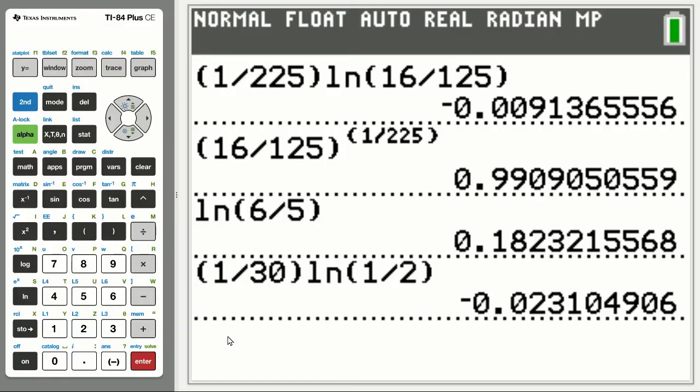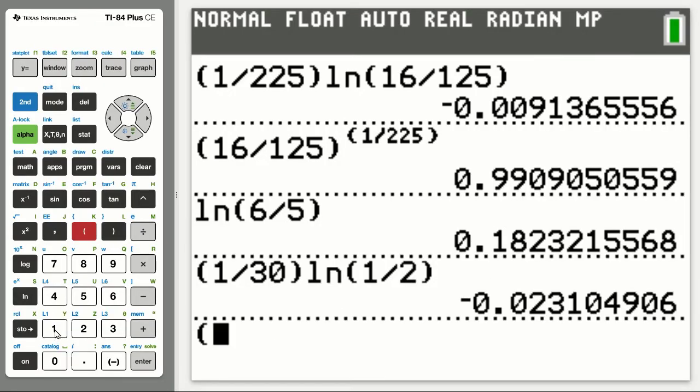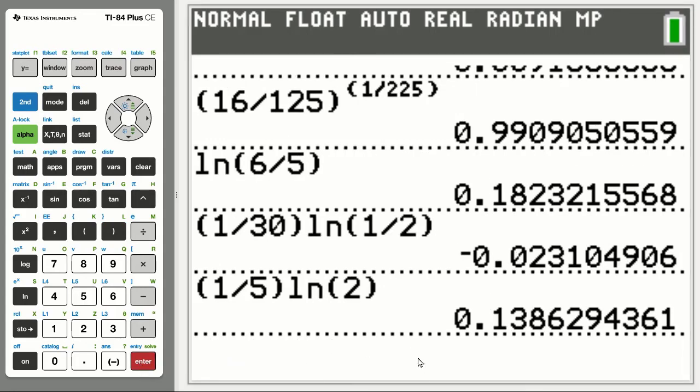Here we go: 1/5 times natural log of 2. And that is our answer: positive 0.138629 and a lot longer.